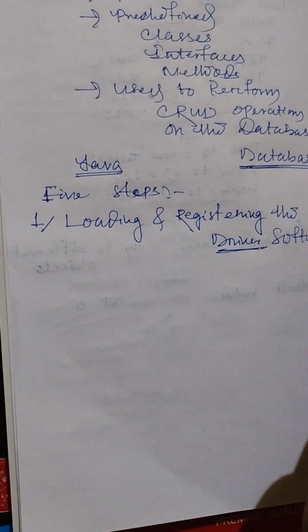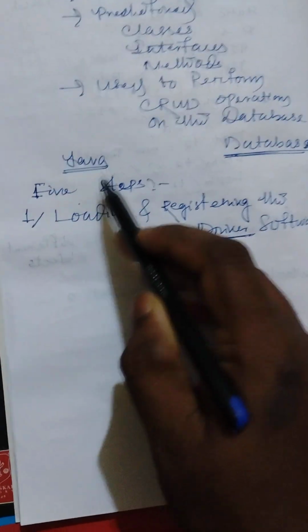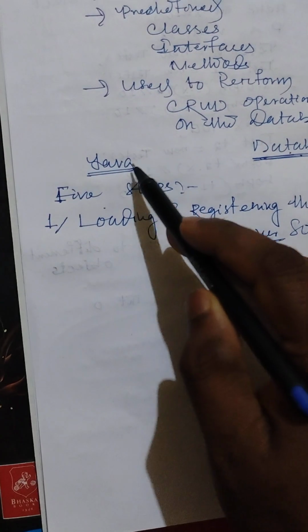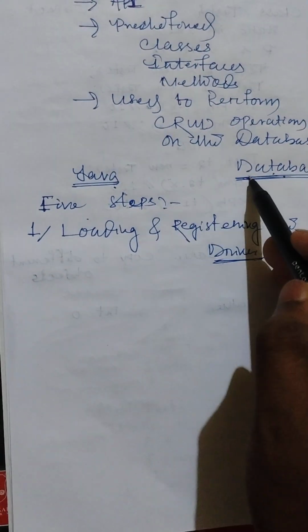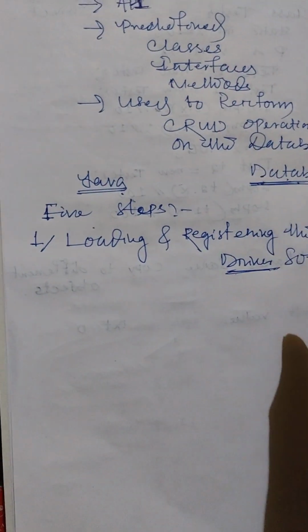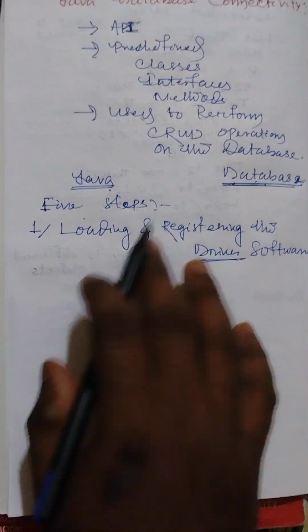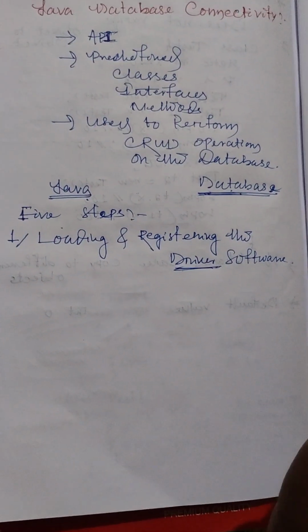Driver software is like a translator. Java cannot understand our database syntax, and the database cannot understand our Java syntax. Between them, we have a translator who understands the syntax of both languages. We have to load and register the driver explicitly, manually, in our project.